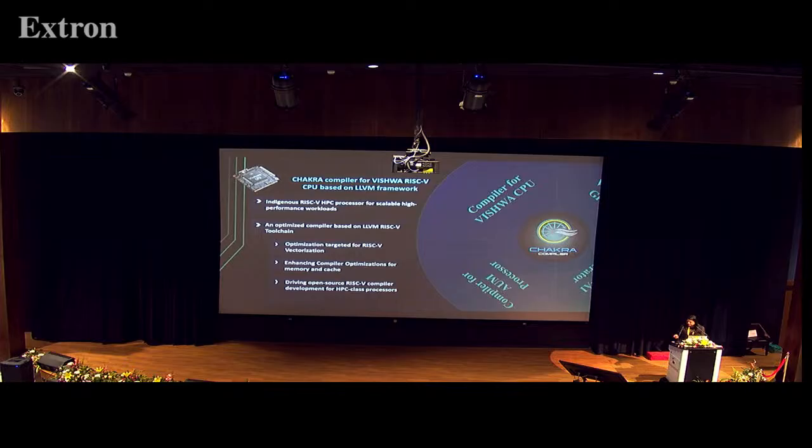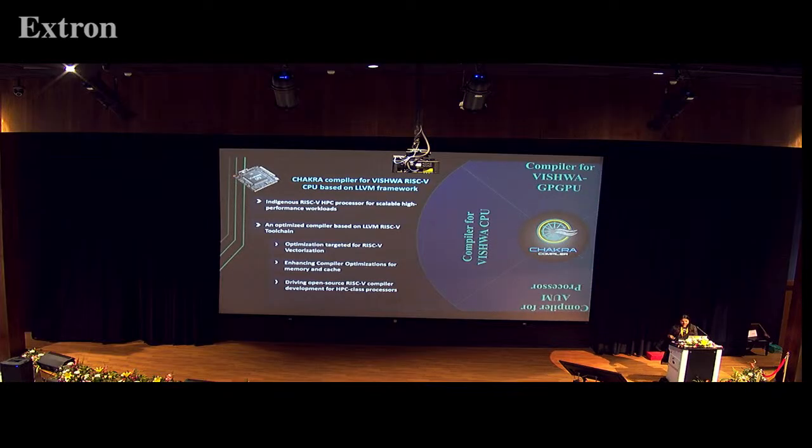Then we have the RISC-V class of HPC processor, Vishwa AP, as we are going to call it. The Chakra compiler for that is again based on the LLVM framework. Right now, what we are planning to do is make the LLVM ecosystem strong for RISC-V, especially for the HPC scenario, because the LLVM toolchain for RISC-V is in a very nascent stage when it comes to HPC.